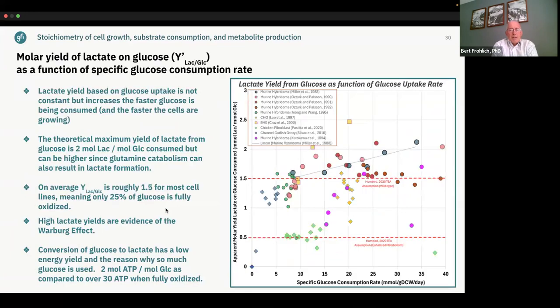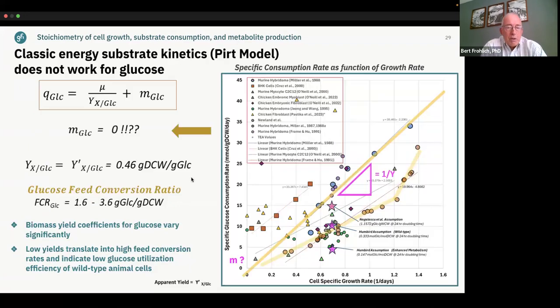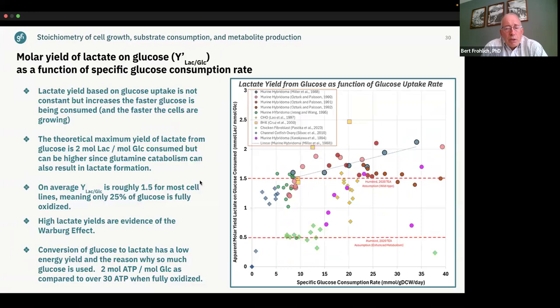So the same situation was true for glutamine, no maintenance coefficient. And we'll talk more about that. But the lactate production rate or yield, as I said, theoretically should be constant, but it's not. And I won't go through each of these points because we don't have the time.